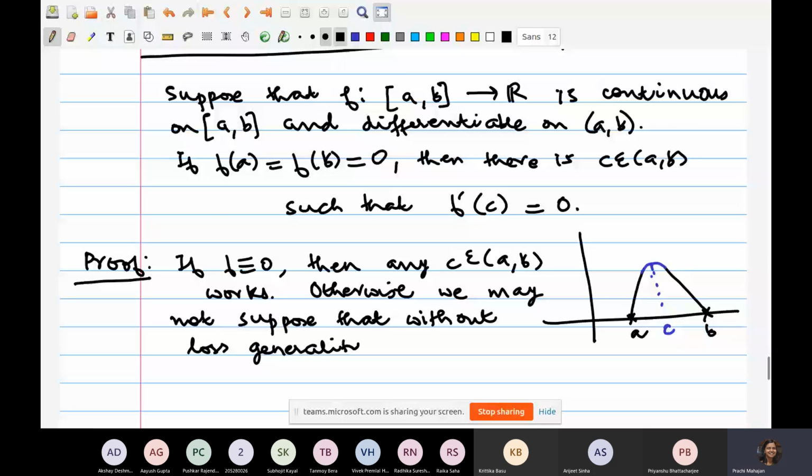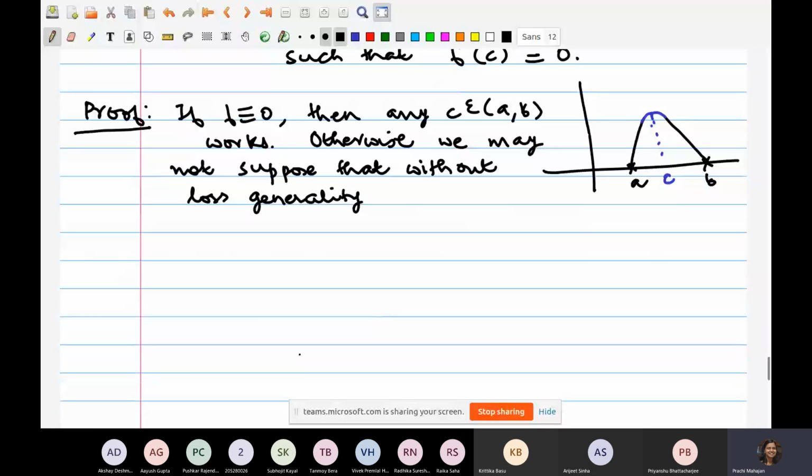So x is, by assumption, some point in the open interval (a, b), because f(a) and f(b) are both 0. That's given to us. All right.